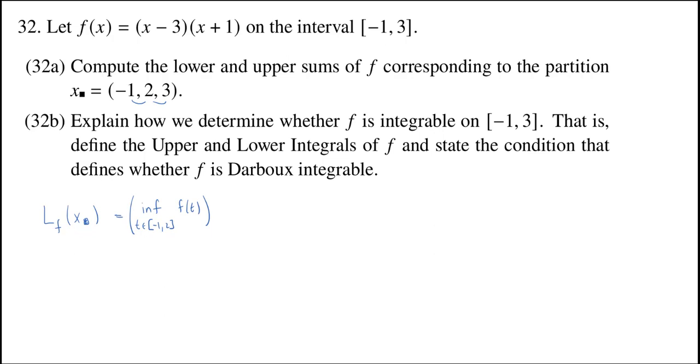From -1 to 2 has width 3, so we'd multiply this by 3. Then we need to look at the second part of the partition. So we'll take the infimum over all t between 2 and 3 of f of t, and we multiply by the width of that part of the partition. 2 to 3 has width 1, so we just multiply by 1. Okay, not too shabby.